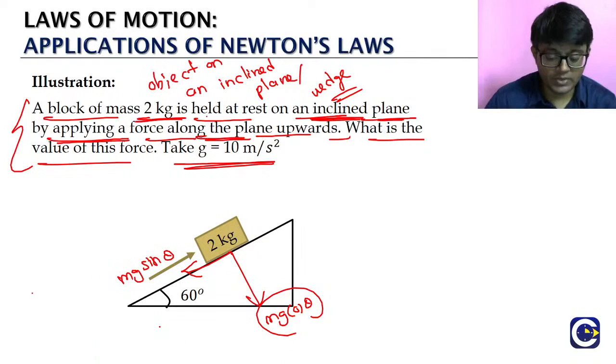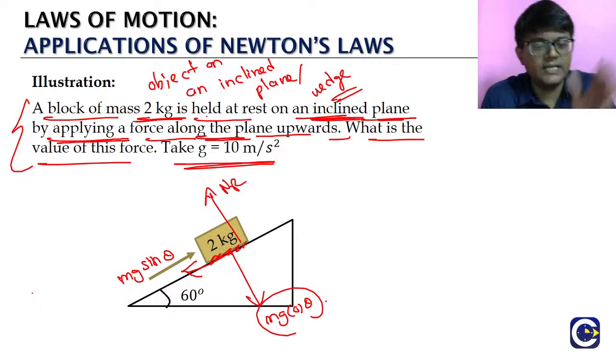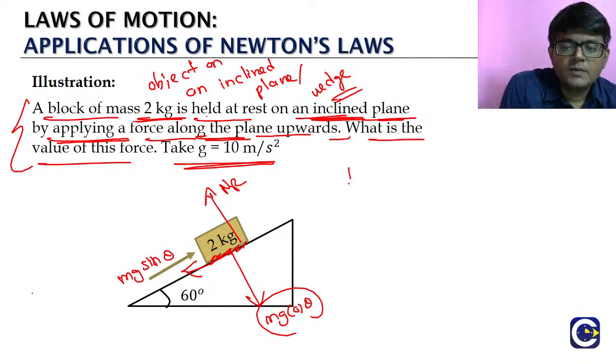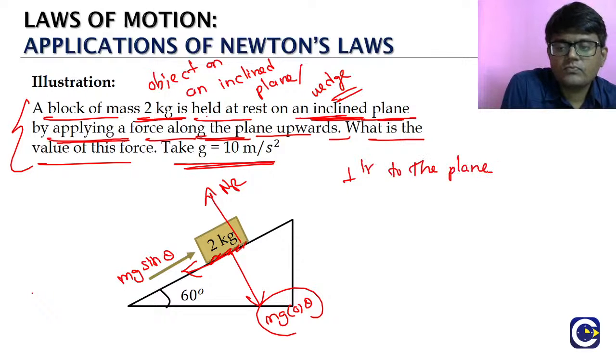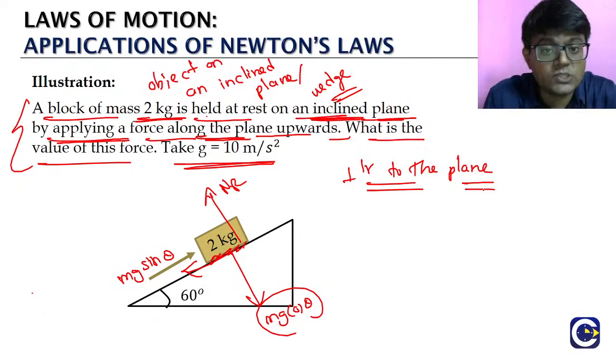Now look at it. Other than the weight, there is a normal reaction acting, perpendicular to the plane, up. We will apply the equilibrium condition, because here we are choosing two directions: along the plane and perpendicular to the plane.